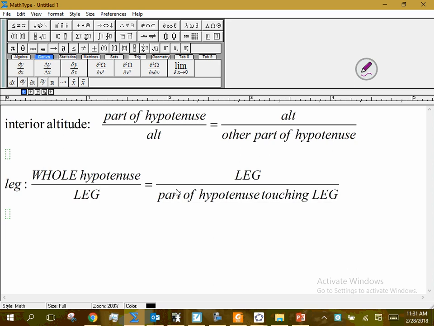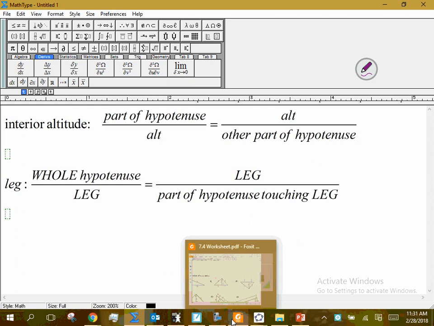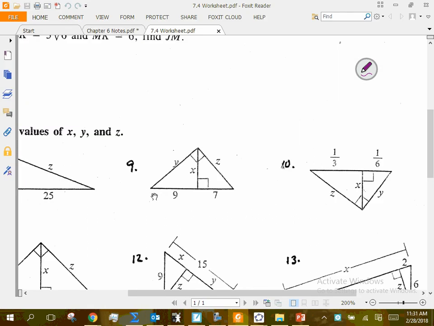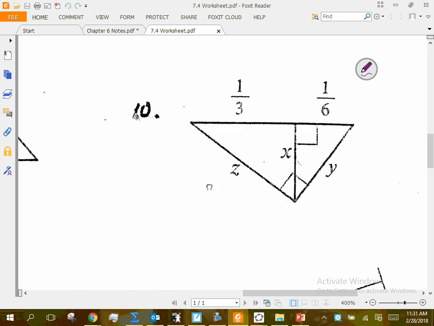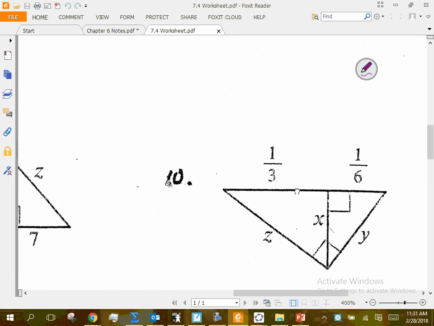All right, so let's get back to the worksheet then. All right, looking at some of these. Number 10. I think number 10's one that we can appreciate. Let's look at Z. I just want to find one of these. I'm not going to do all three.